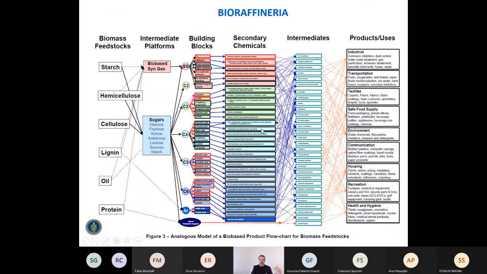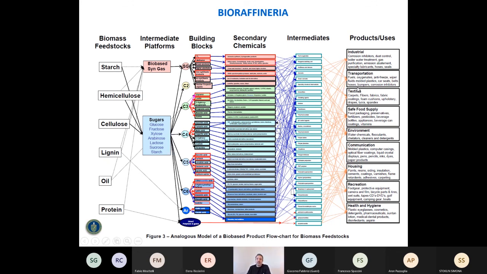So a lot of processes, intermediates, building blocks for obtaining more complicated products, up to every final use. We don't have time to read everything, but for example, in the transport sector, there are biofuels, oxygenates, antifreeze, and biofuels for particular processes.